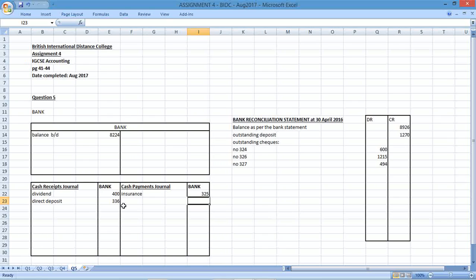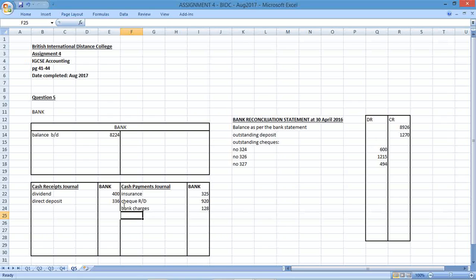Then number 4, a check for 920 from Tony had been returned by the bank as dishonored. So a dishonored check would always go here. Check RD, referred to drawer, and that came from Tony, 920. Then bank charges of 128. Bank charges have to be recorded.